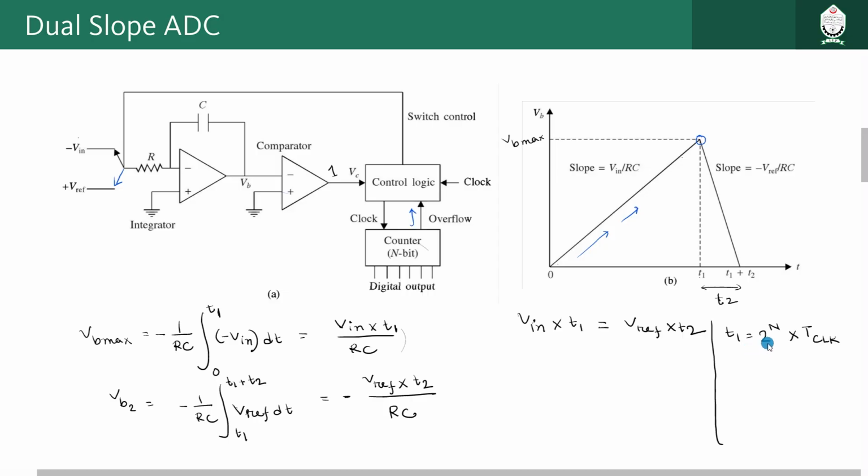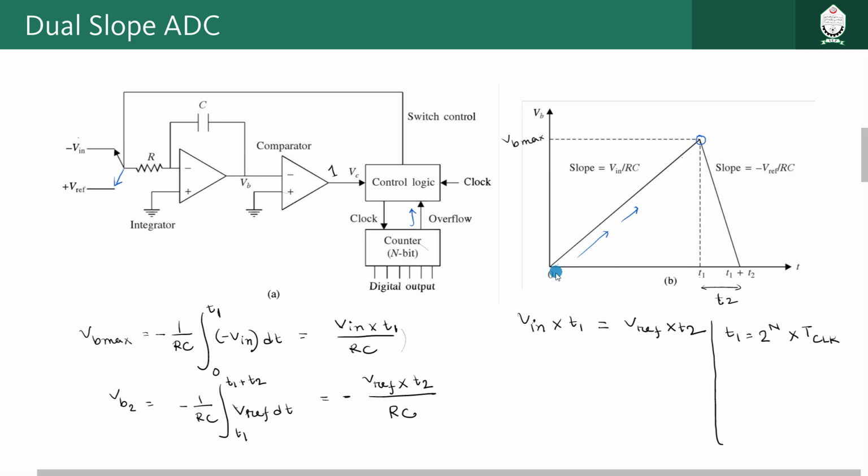Like for example, for a 5 bit counter, the maximum value should be what? 2 to the power 5 is equal to 32. So 32 times it can count. And for each of the counting, it needs a clock pulse which has a duration of t clock, right? Just like before, just like your previous example, the time period of each of the clock pulse is t clock.